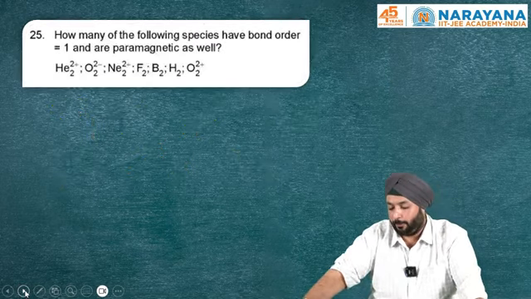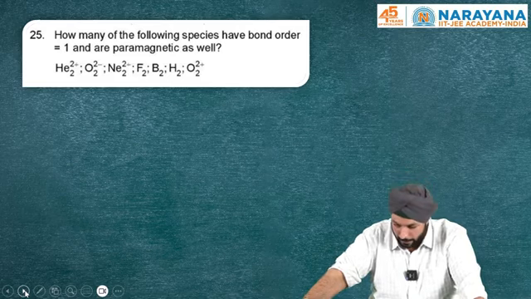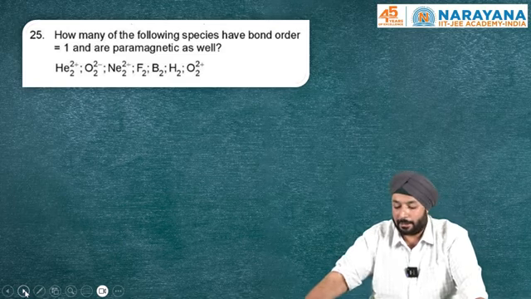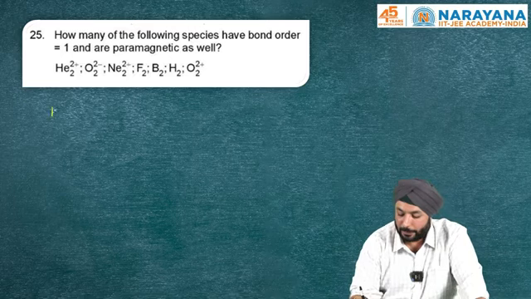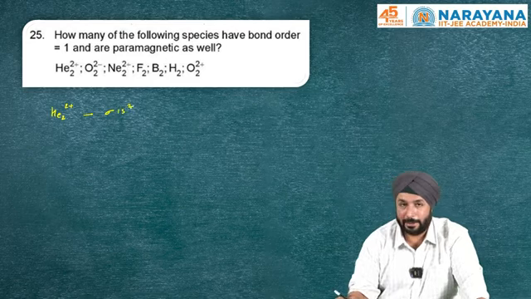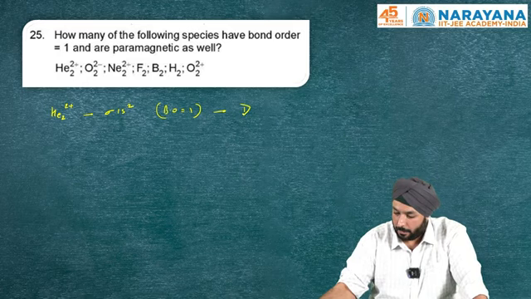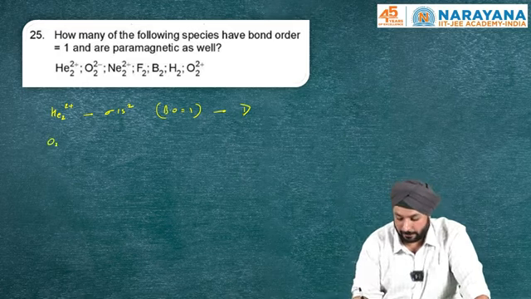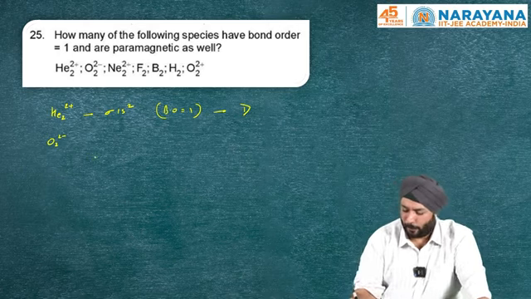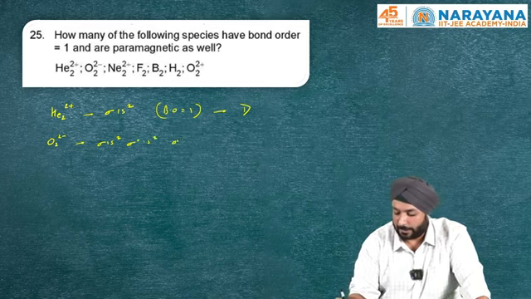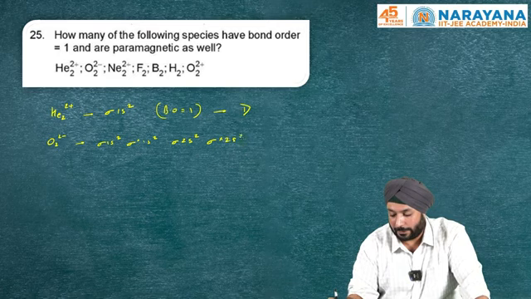25. How many of the following species have a bond order equal to 1 and are paramagnetic as well? Okay, they want paramagnetic, not diamagnetic. If you choose He2 2+, it is the same as hydrogen, sigma 1s2 I'll get. Bond order will be 1. I don't have any unpaired electrons, so this is diamagnetic. O2 2- will behave like F2 only, right? Sigma 1s2, sigma star 1s2, sigma 2s2, sigma star 2s2.